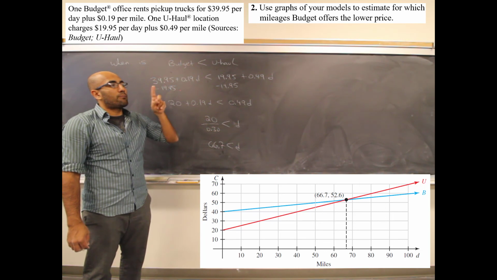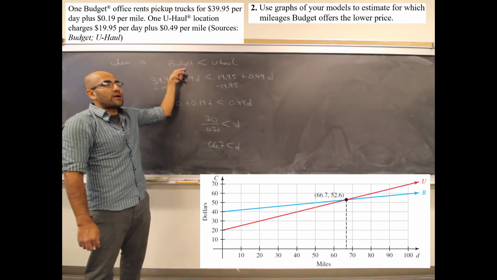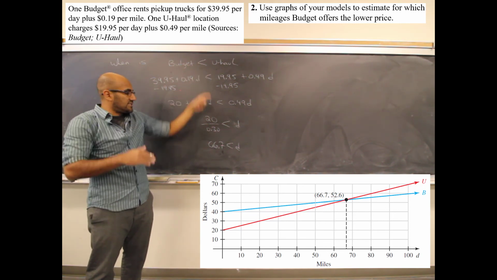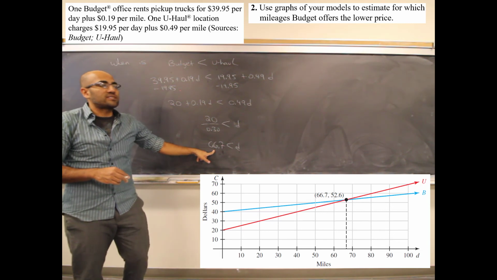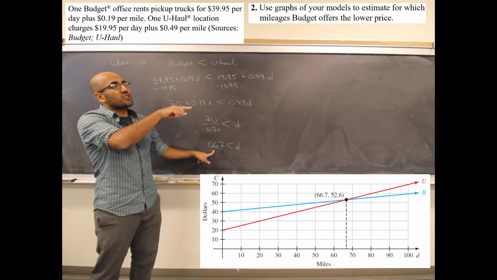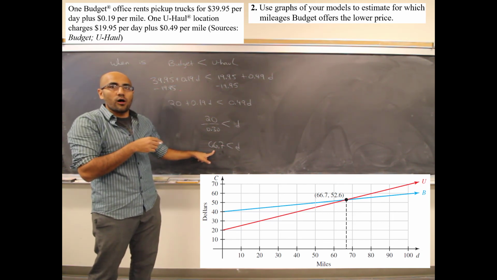When is the blue graph cheaper, right? This one is the blue one, budget is the blue one. When is the blue cheaper than the red? Well, past 66.7 miles. Beyond 66.7 miles, the budget one, the blue one, is going to cost you less than the red one, the U-Haul one.